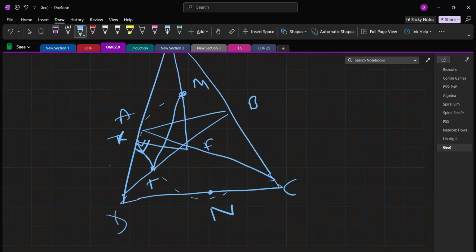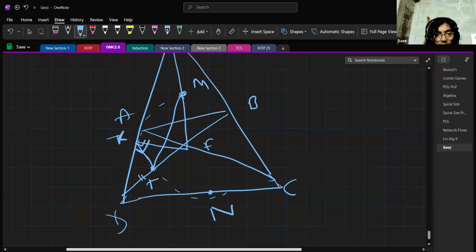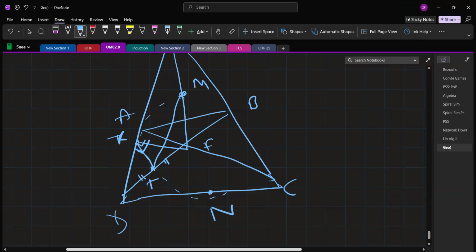So DKT is 90 minus half of KTD, because KT equals TD. KFD is a right triangle and T is the midpoint of DF, so T is the circumcenter of KFD. So you're finding MTK.